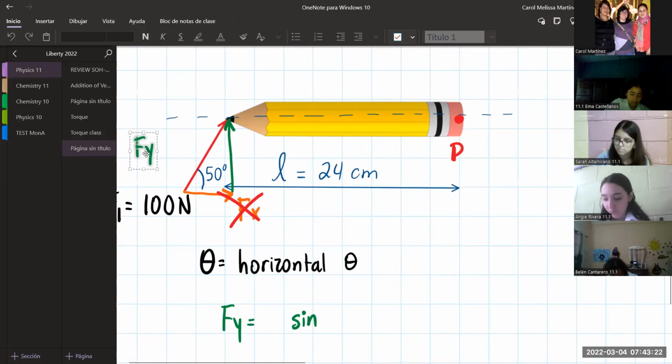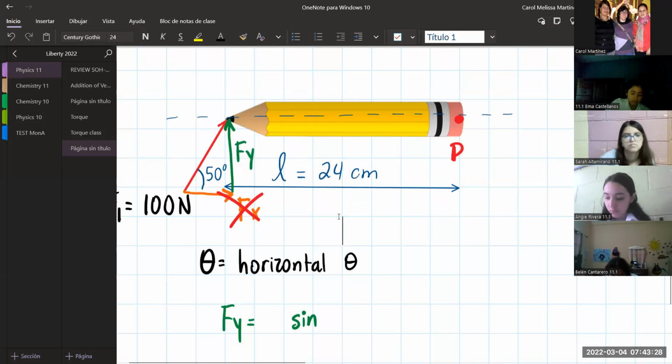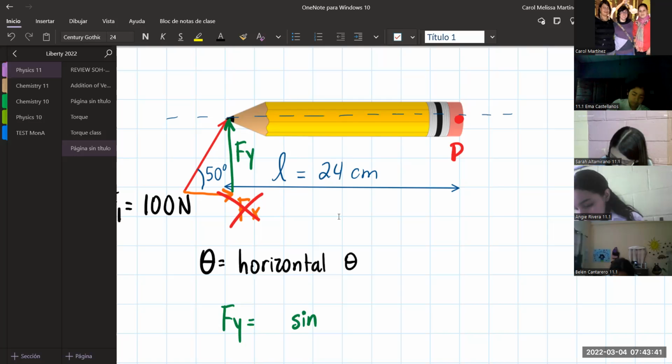Fy, according to the angle, is it in front or adjacent? In front of the angle. Okay, so you have two reasons to believe that for Fy you have to use sine. First, because you have the horizontal angle, and second, because you see the position, that it is in front of the angle.